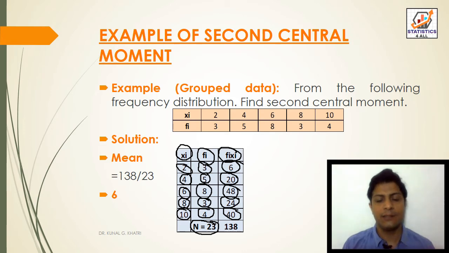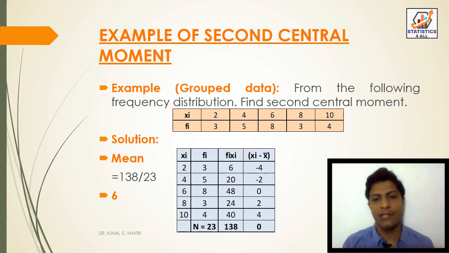After multiplying, we have to find the total of fi into xi. We get the value 138. Now putting this value 138 in the formula with 23, we get 138 divided by 23, that is equal to 6. So the mean is equal to 6.